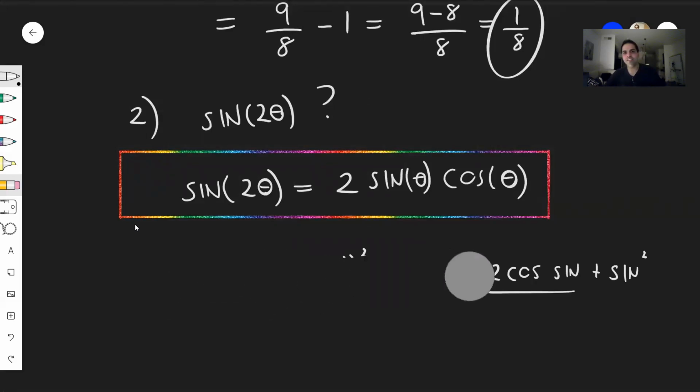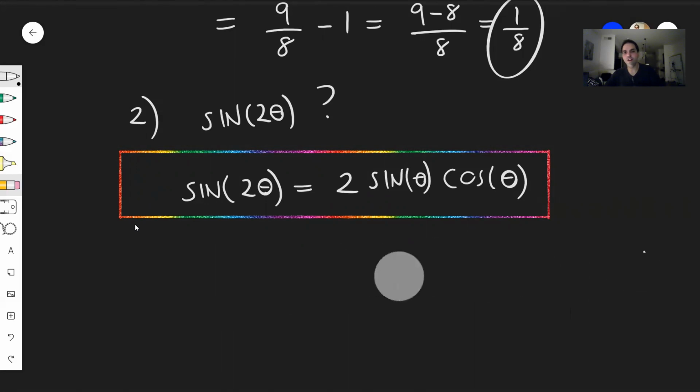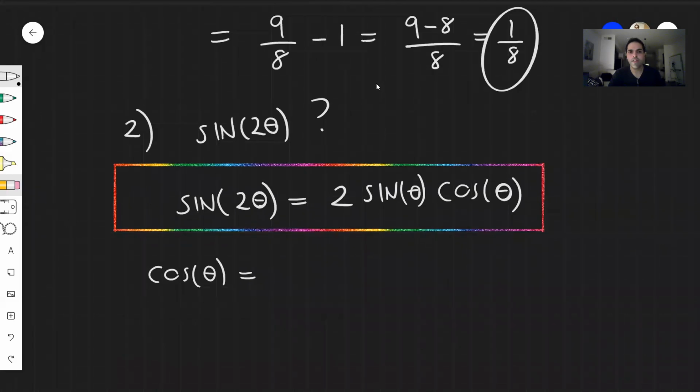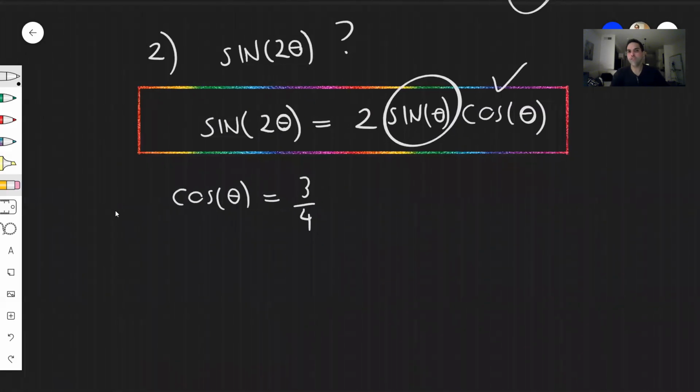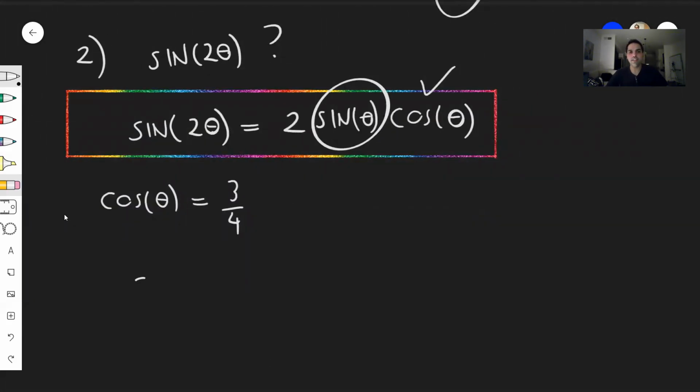The question is, how do we solve our problem now? Well, remember, cosine of theta was 3/4. So we already found cosine, and the only question that remains is what is sine? In order to do that, you have to use the important identity that cosine squared of theta plus sine squared of theta equals 1.